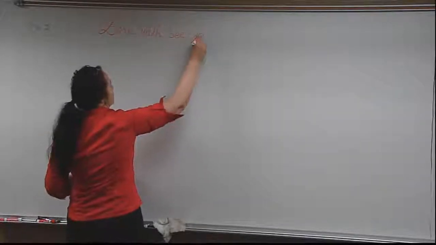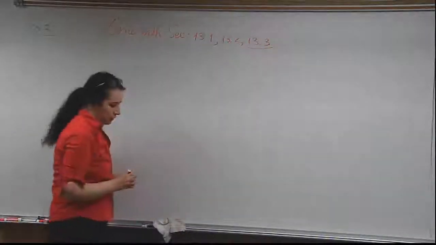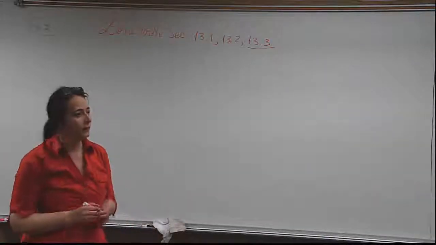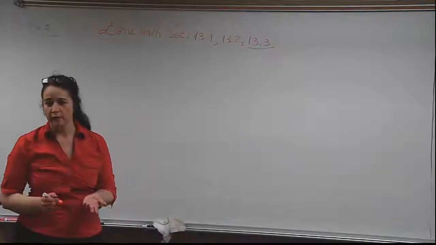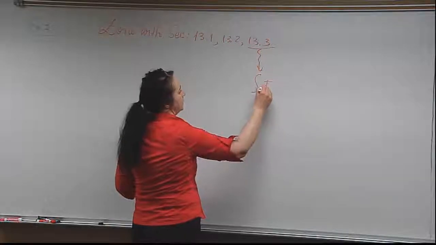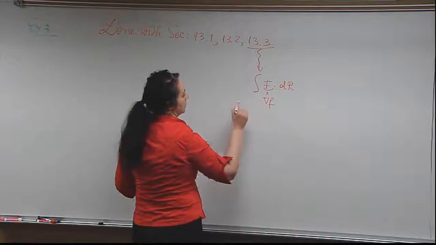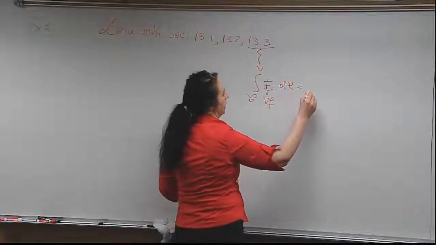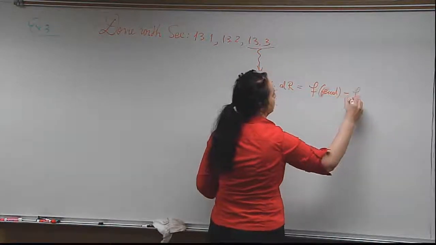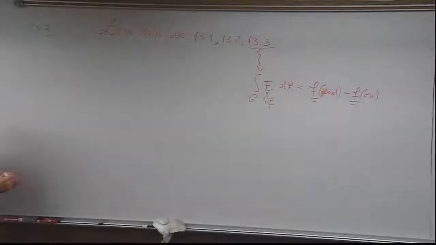sections 13.1, 13.2, and 13.3, which was my favorite, because it's not just the independence of path that I like, but it's the so-called fundamental theorem of calculus 3, the fundamental theorem of the path integral, saying that you have f of the endpoint minus f of the origin, where little f is that scalar potential, assuming your function was conservative.